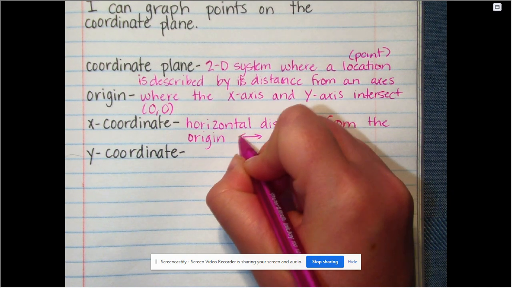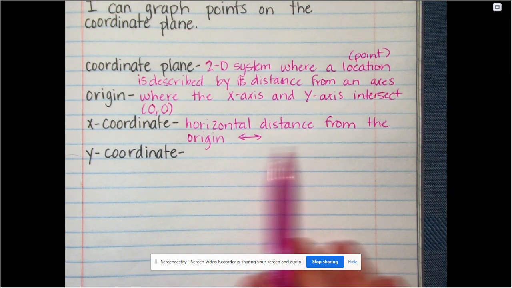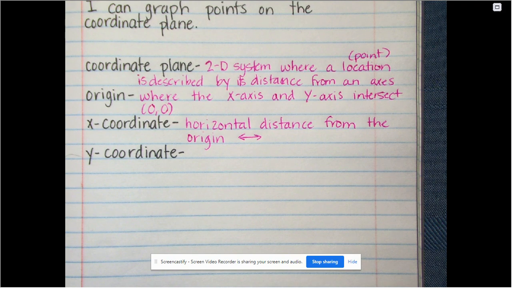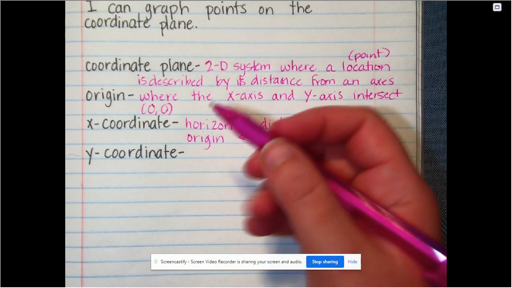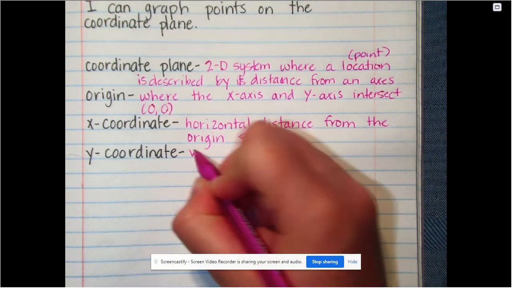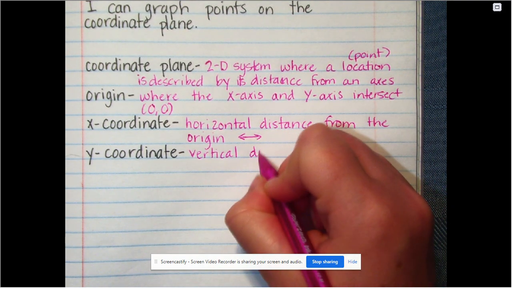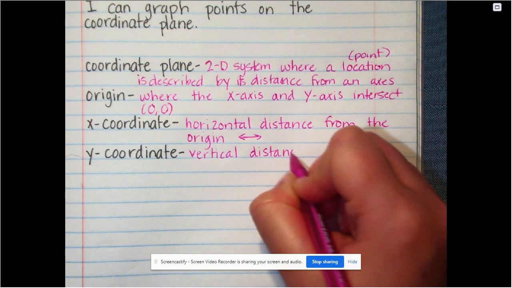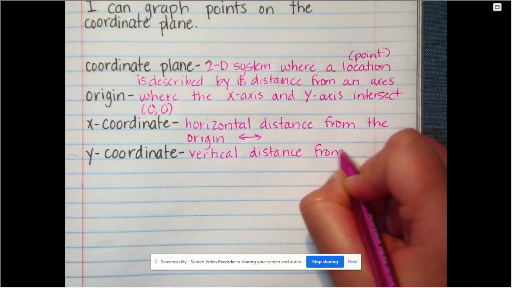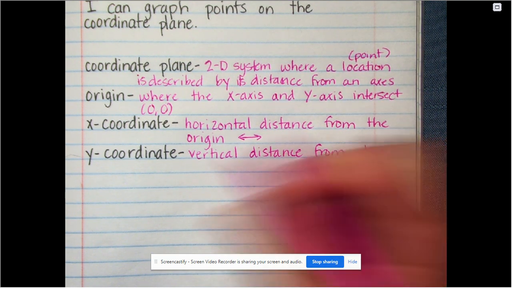So we're going to think about it as horizontal, side to side. And then the y-coordinate, you guessed it, is going to be the vertical distance from the origin.